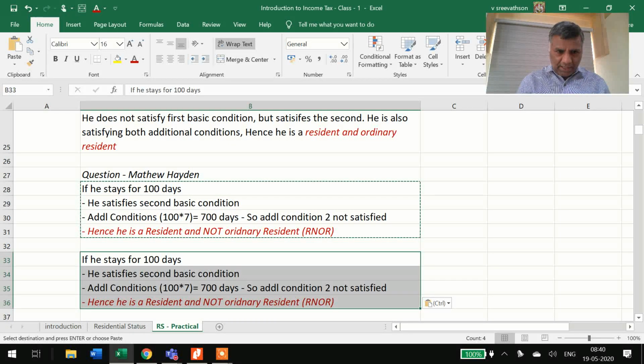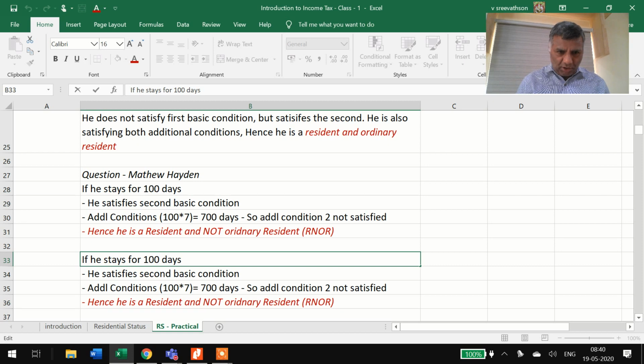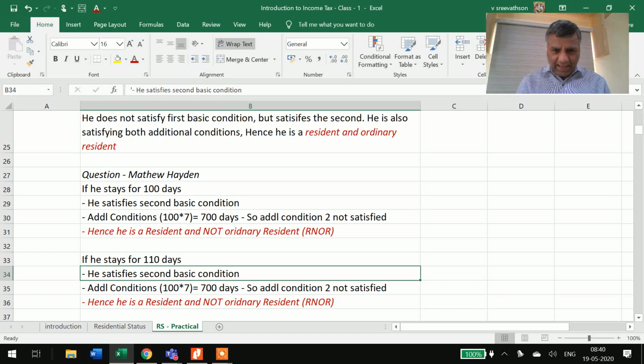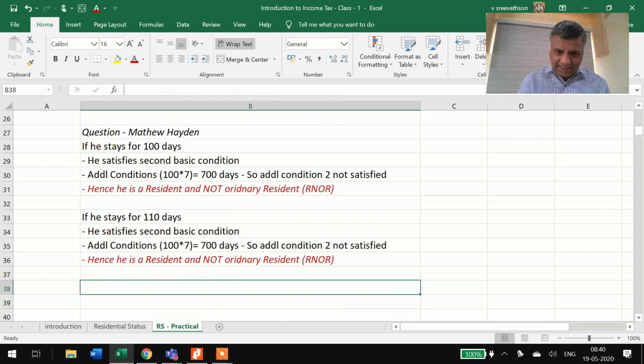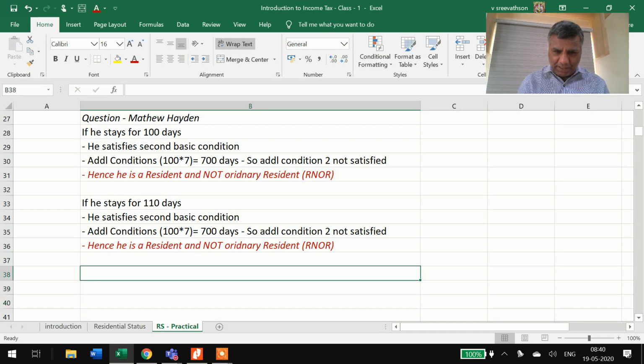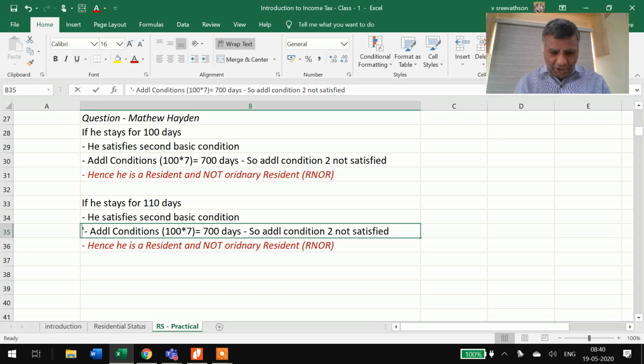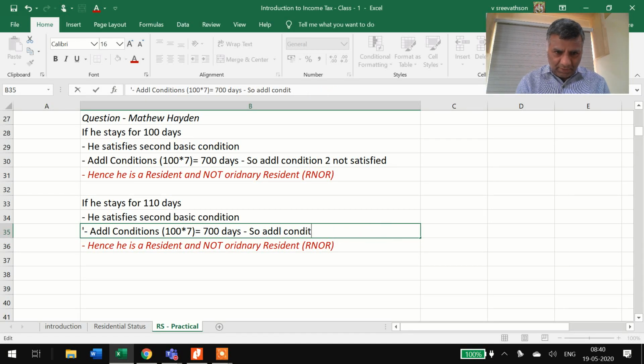Now, if he stays for 110 days, again he satisfies the second basic condition, 60 plus 365. Additional condition, if you look at it, 110 into 7 will become 770 days.